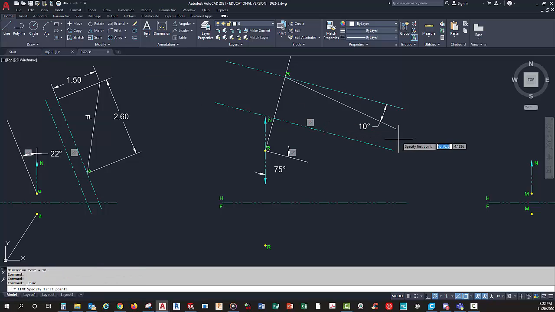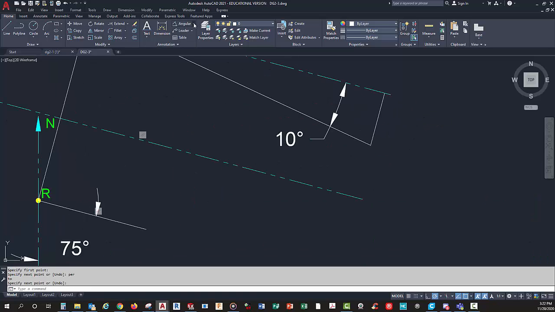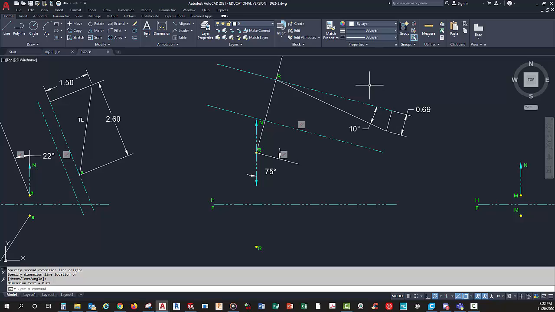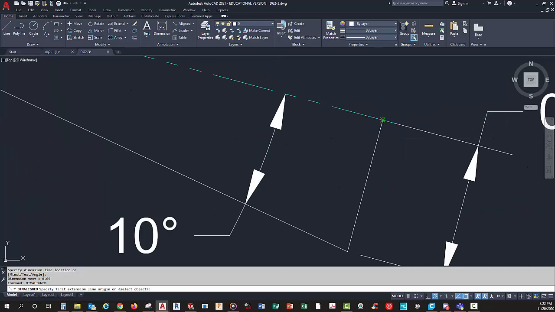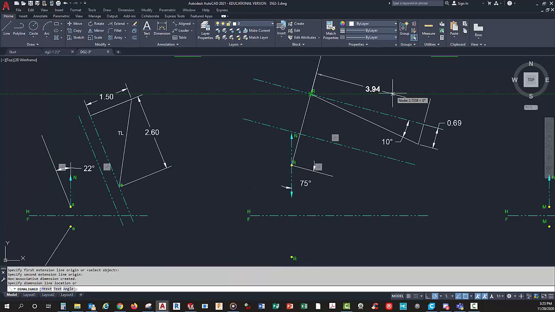I need a line that is perpendicular to there, so that I can get my rise and run. So I need my rise, alright, and then I need my run, which is going to be from there over to here, like so.